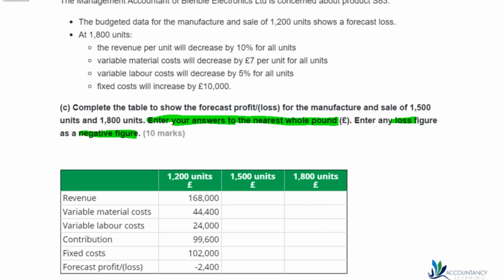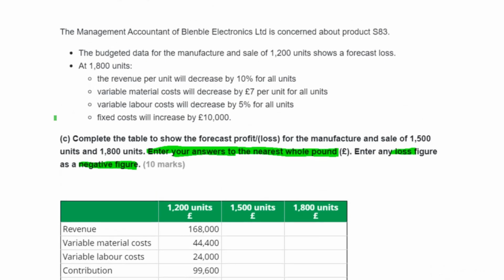So the first thing we need to do is consider whether any of the information in the question up here is relevant to the production of 1,500 units and whether there'd be a profit or loss for those sales. This question only gives us information as things change at 1,800 units. So for 1,500, we just need to flex our budget.